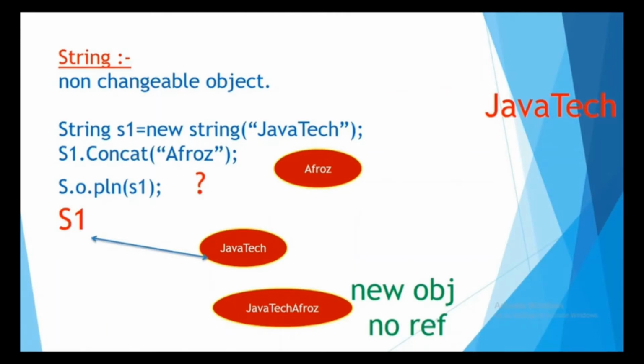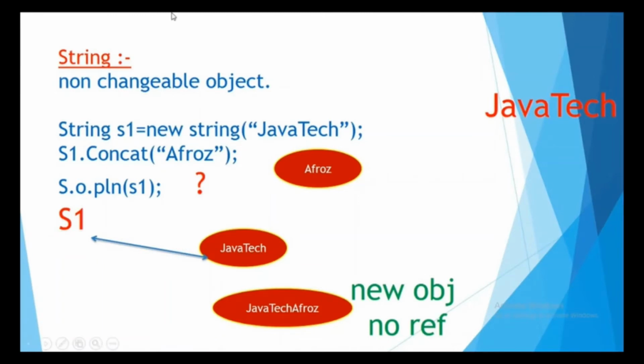Now s1.concat("Afros"). I'm adding JavaTech with Afros. Now I'm printing my s1. Here I will get the answer JavaTech only. Concat means here I am appending, I am adding JavaTech with Afros. I want to get JavaTech Afros, but since String is an unchangeable object, I will get only JavaTech.